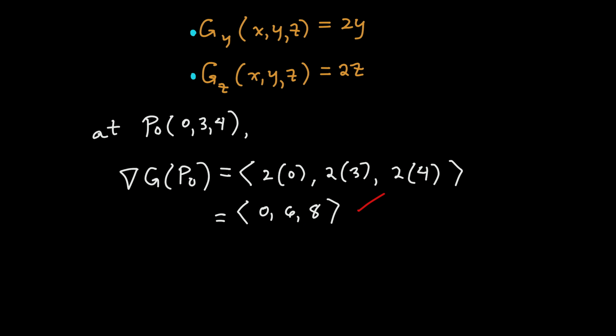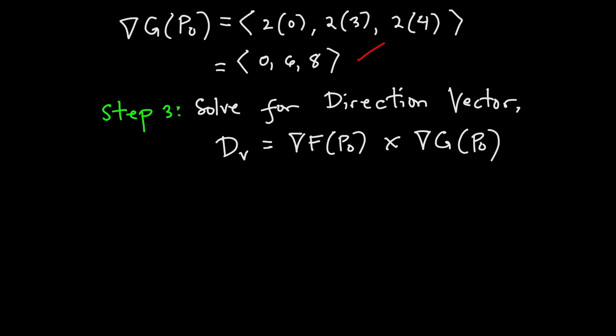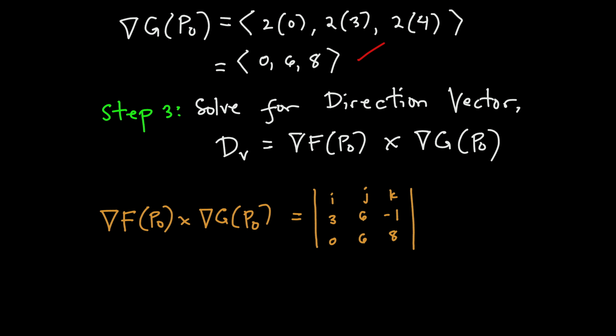And for our step 3, we solve for the direction vector of our line, which is equal to the cross product of these gradients. Using those vectors that we have obtained, the cross product is equal to this formula. So here, this is the input for the gradient of f, and this is the input for the gradient of g evaluated at p0.